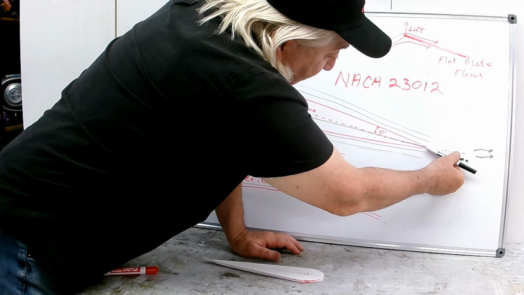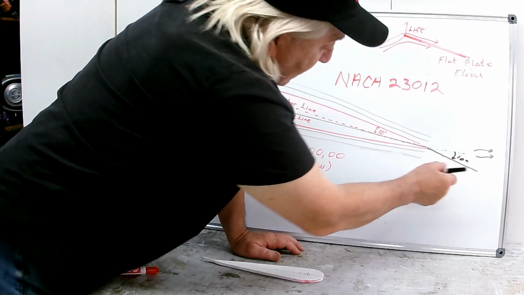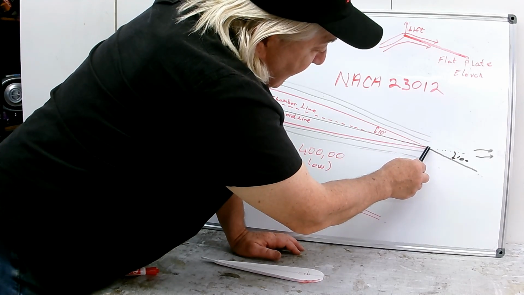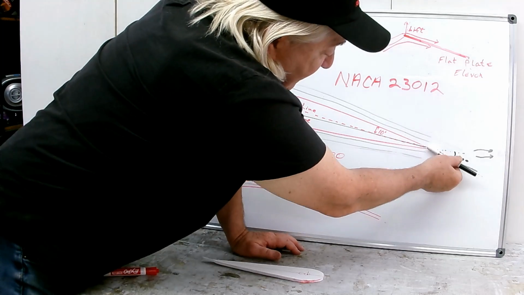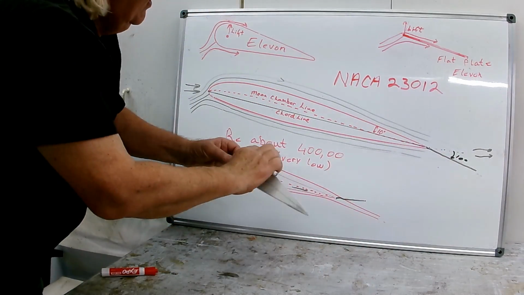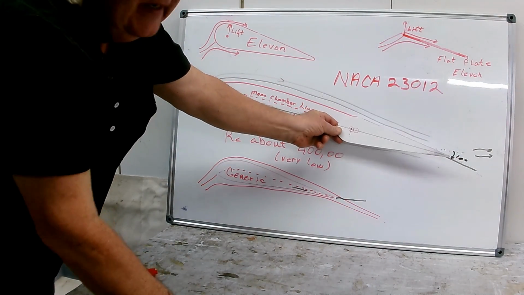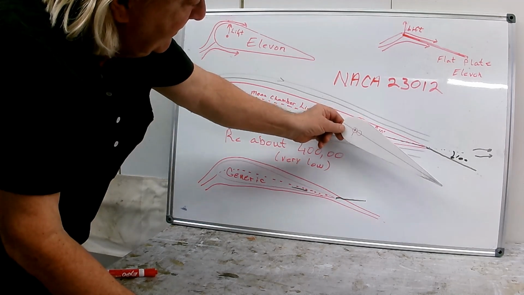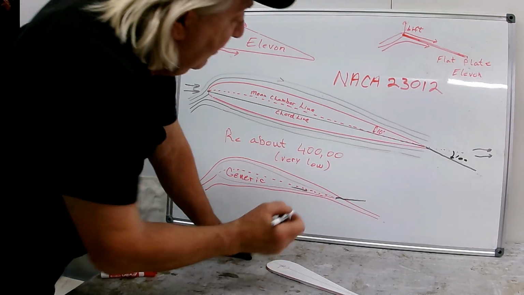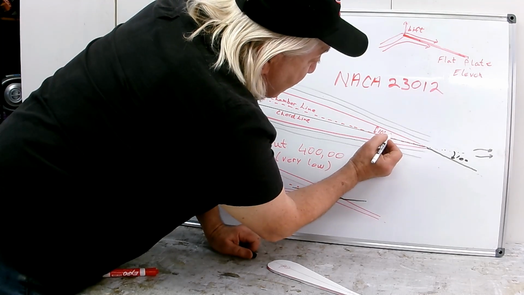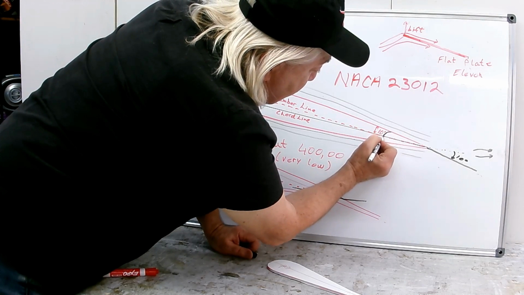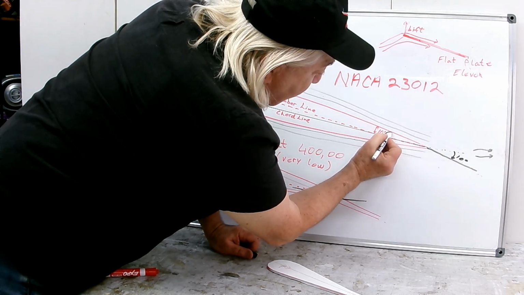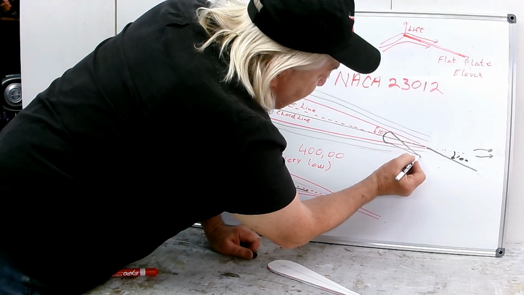Now, in this particular case, we don't cause any discontinuities here until we exceed 10 degrees. With the elevon like this, and what you saw in the flight videos, as soon as you start to deflect this, we put a kink in the airfoil. What happens is, let me just see if I can draw this in here like this. As soon as we deflect it, it's down here like this.